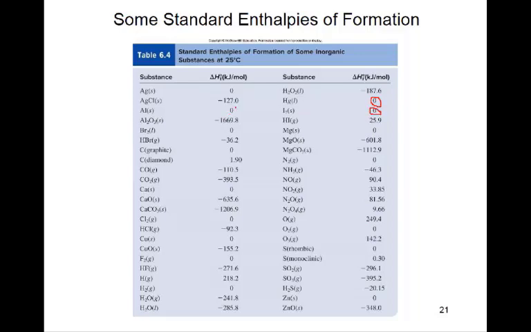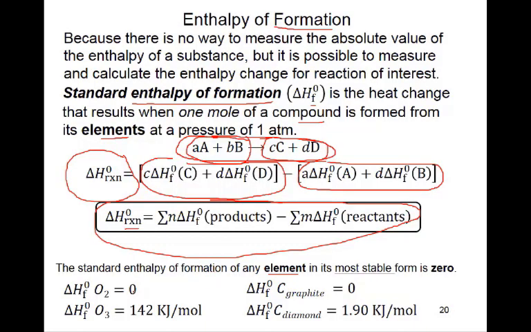In their natural state they are not compounds, so it will be 0. When you calculate for an element, this must be equal to 0. Suppose you say oxygen, O2. O2 is natural in this form, so delta HF for the oxygen will be 0. But if you say this is ozone here, then it will not be 0, it will be 142.